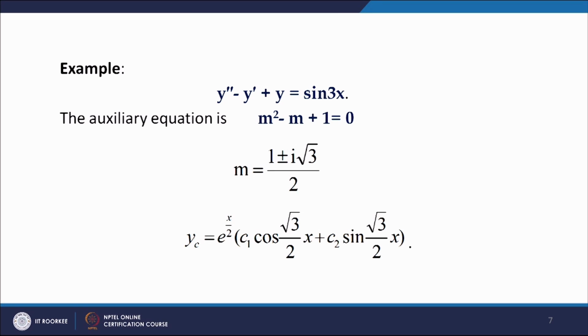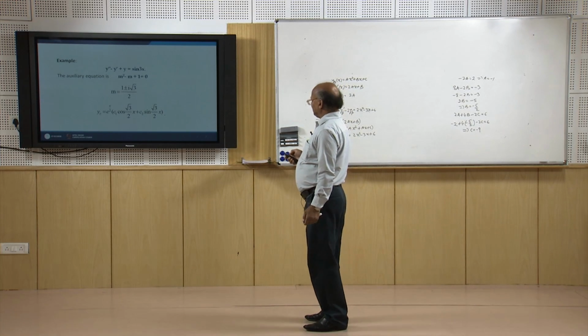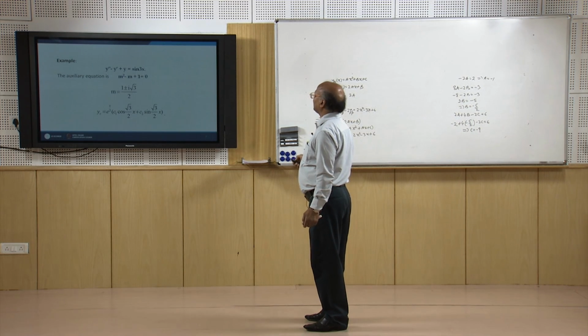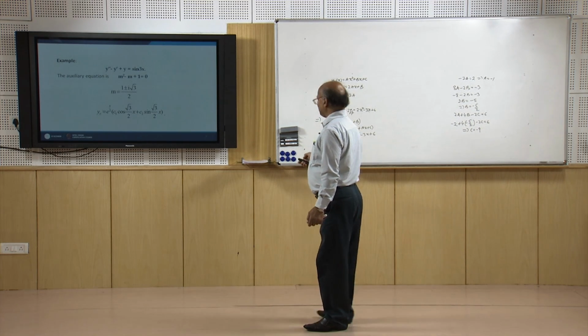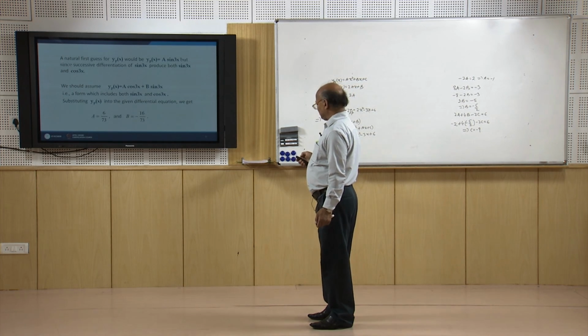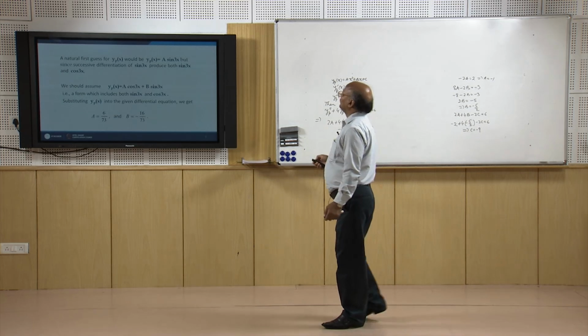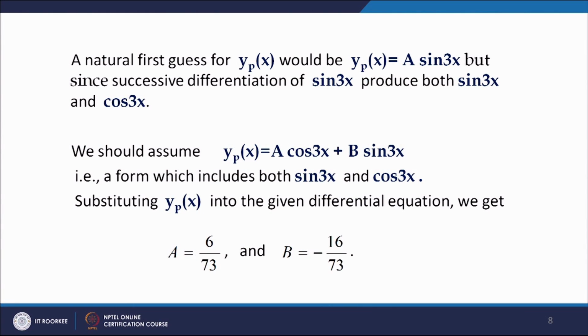Now, let us make a guess for y_p(x). The natural guess, when you look at the form of R(x), R(x) is equal to sin 3x. So, a natural guess for y_p would be that we write a times sin 3x, but then when you differentiate sin 3x, it produces 3 times cos 3x, and when you differentiate it again, you get sin 3x.